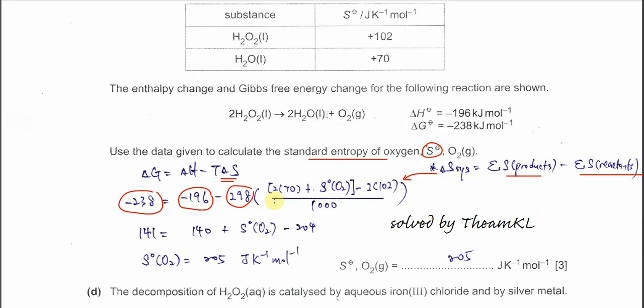But before that, you have to understand that when delta S is used in the Gibbs equation, the entropy needs to be divided by 1000, because entropy itself is in joules per Kelvin per mole. So when it's used in the Gibbs equation, it needs to be divided by 1000, so you need to put the 1000 here. After that, you rearrange, then you will get the molar entropy of oxygen, which is 205 joules per Kelvin per mole.